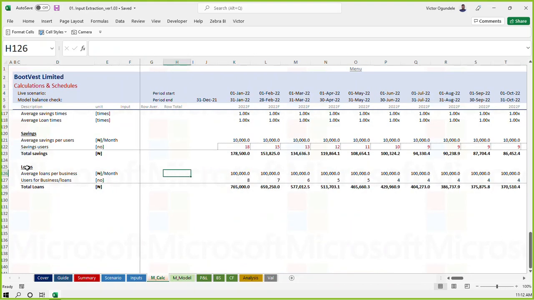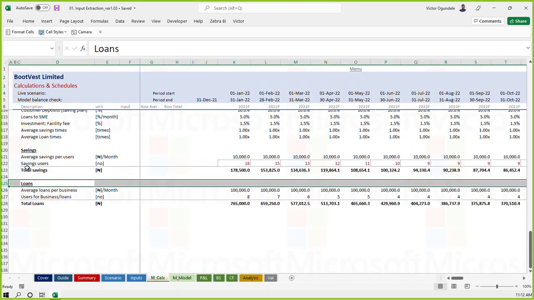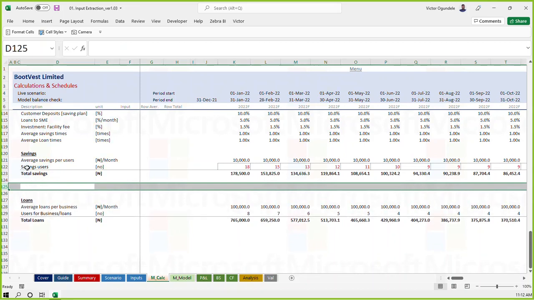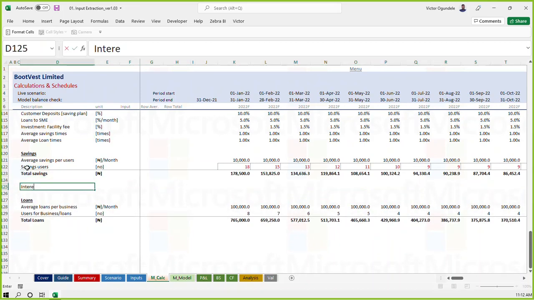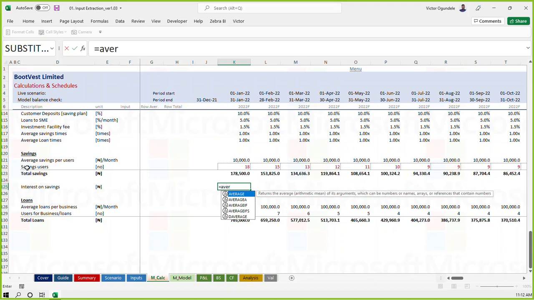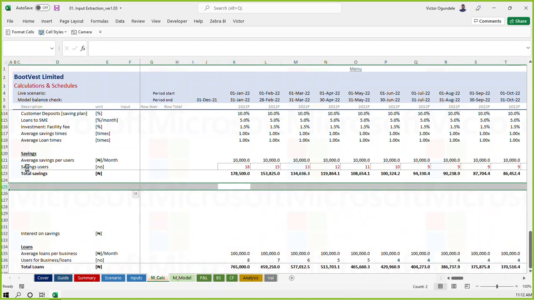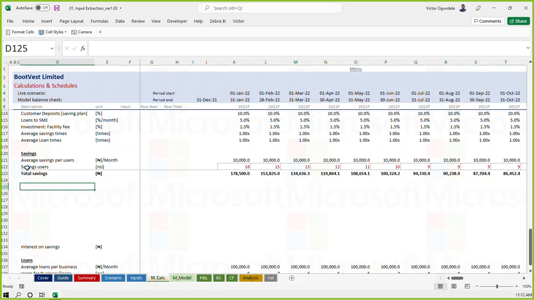But before we do that, let's even calculate what we'll be making from our savings. So interest on savings, which is more like a cost, but for now let's just put it like this. All right, so that will be equal to average. Before we even do that, we're supposed to build out our savings schedule.